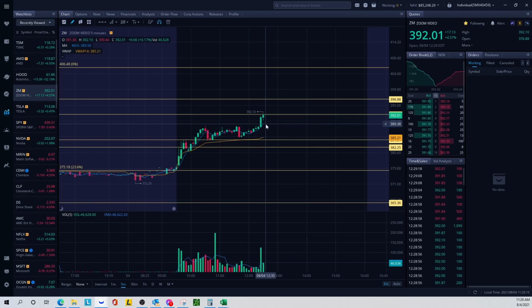So now you see it's still approaching, and the reason why I wait is because if I enter the trade now and the stock price keeps moving through this resistance point, then I go negative on the trade and I'd be losing money, because remember I said as the stock price increases, so do the call premiums.